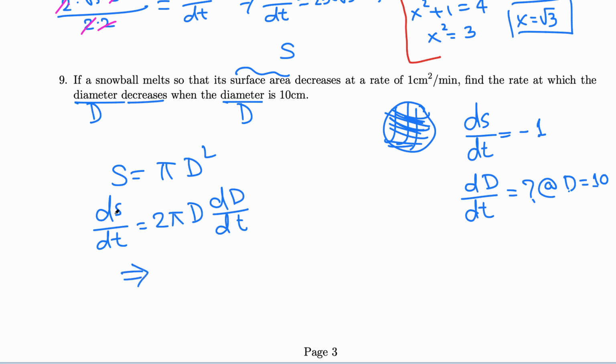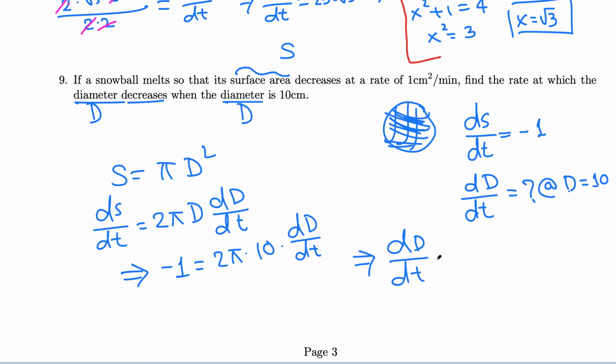Now ds over dt is negative 1 because it decreases. 2 pi times D is 10 and dD over dt. Now divide both sides by 2 pi times 10, that's 20 pi. So this dD over dt, rate of change of diameter, is negative 1 over 20 pi.